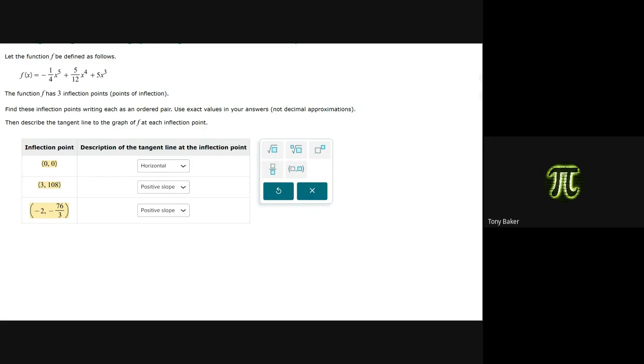If I plug 3 into this, that's going to be negative, that's positive, that's positive. I'm going to go with this as positive. And we plug in -2, we get negative. Oh, shoot, I forgot to switch back.